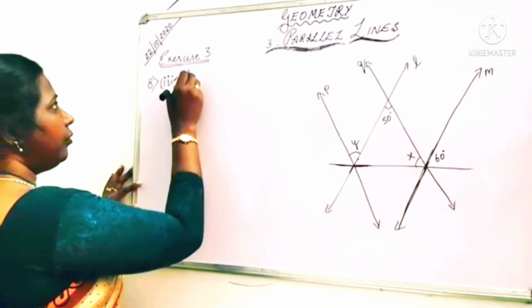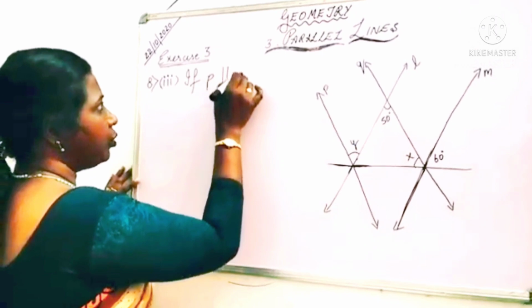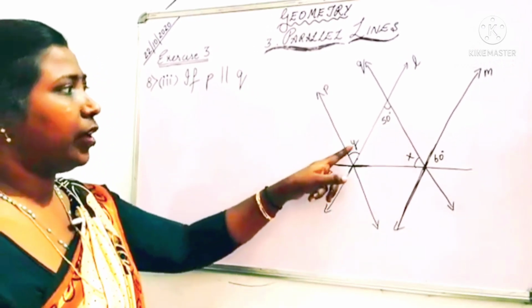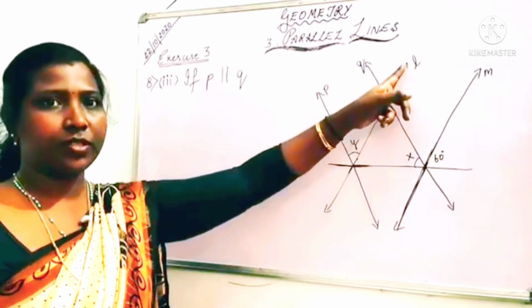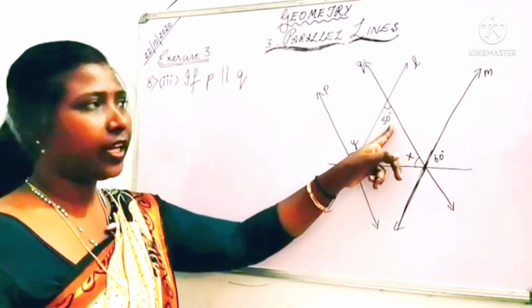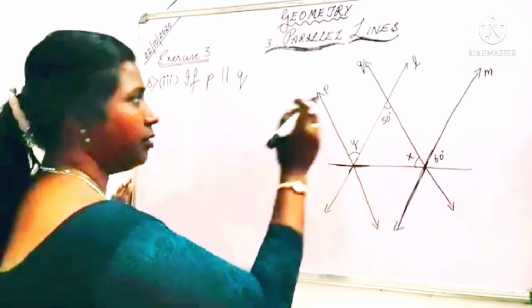So if P is parallel to Q, if I am taking the angle y, can I write y is equal to 50 degree, because L is a transversal over here? Yes, because it is alternate to the transversal.